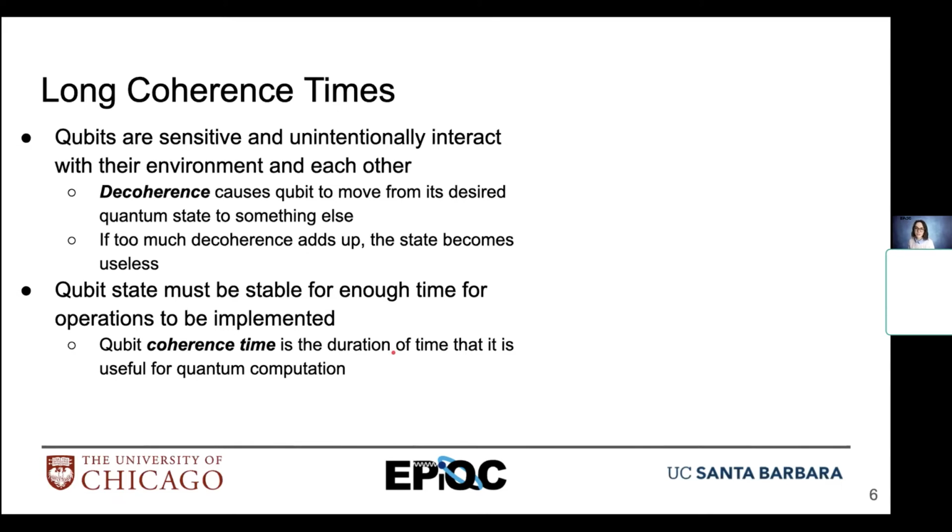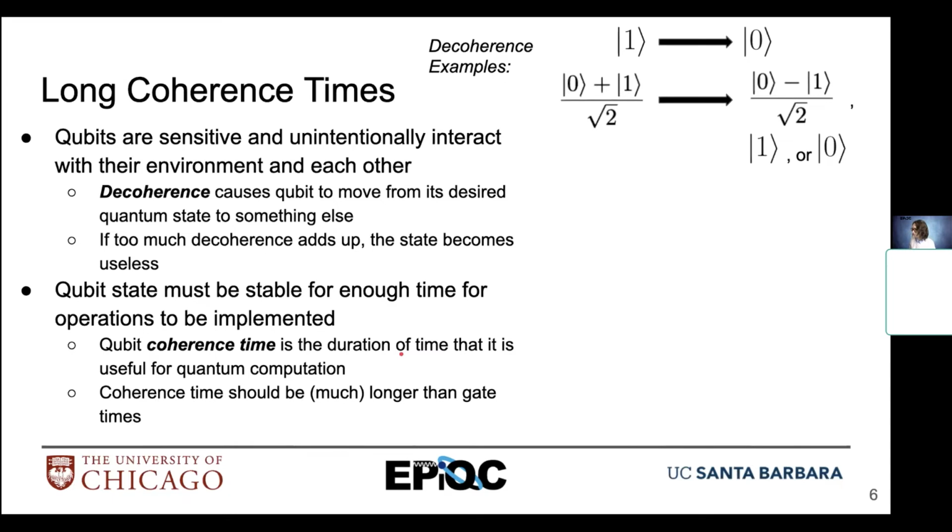Sometimes it's called decoherence time, but it's basically the same thing: the duration of time that is used for quantum computation. Coherence time should ideally be much longer than gate time, so that you can get many, many gates inside of that coherence window, so that you can produce meaningful outputs and be able to measure those meaningful outputs at the end of your computation. So let's look at some examples of decoherence.